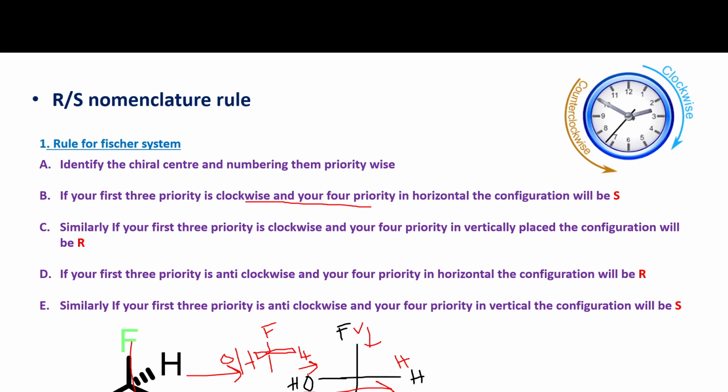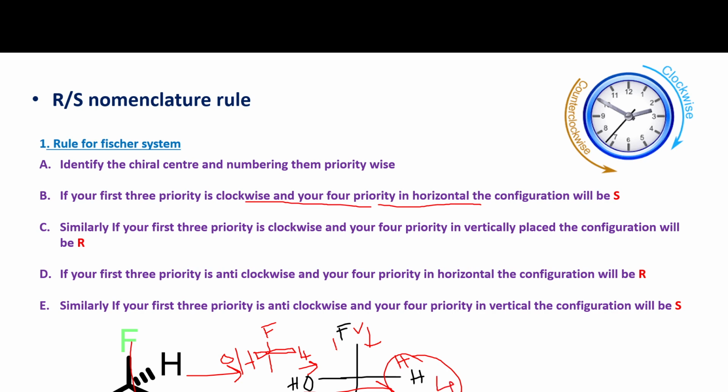Similarly, if you want to get the nomenclature of this Fischer configuration, how can we get it? If your first three priorities go in one direction and your fourth priority is on the horizontal position, this will be your first priority, this will be your second priority, this methyl will be your third priority, and your fourth priority hydrogen is on the horizontal plane.